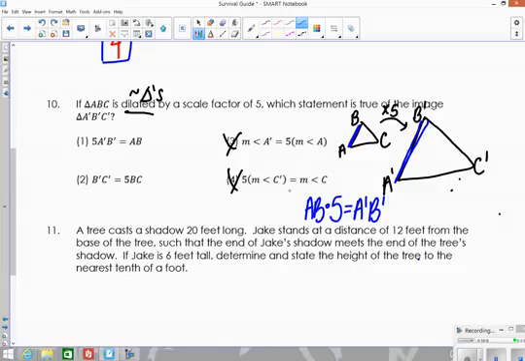If you were to get AB by itself, it would be A prime B prime divided by 5. So that's not true. Number 2 is basically the same thing as what I have, except instead of AB and A prime B prime, it's BC and B prime C prime. Same concept: BC times 5 equals B prime C prime. So that's why that's the correct answer.